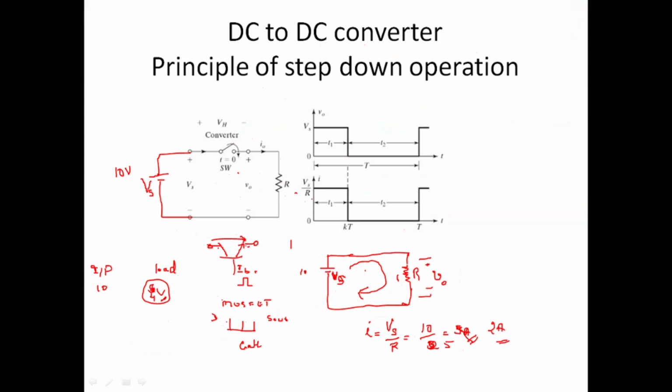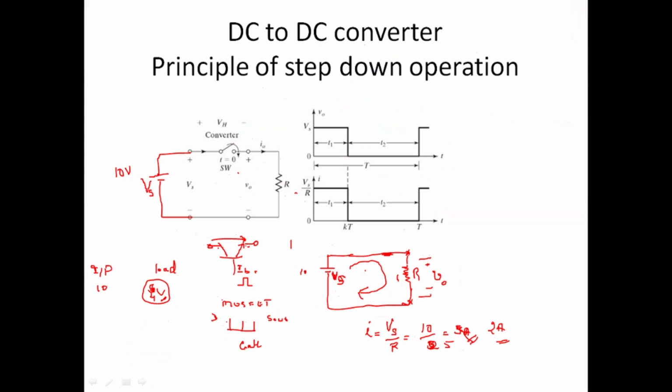Anyhow, when I close the switch, the circuit looks like this. At that time, if you measure the voltage between these two terminals using a CRO or a voltmeter, what is it going to show you? It is the same as my Vs, as long as the switch is in closed state.